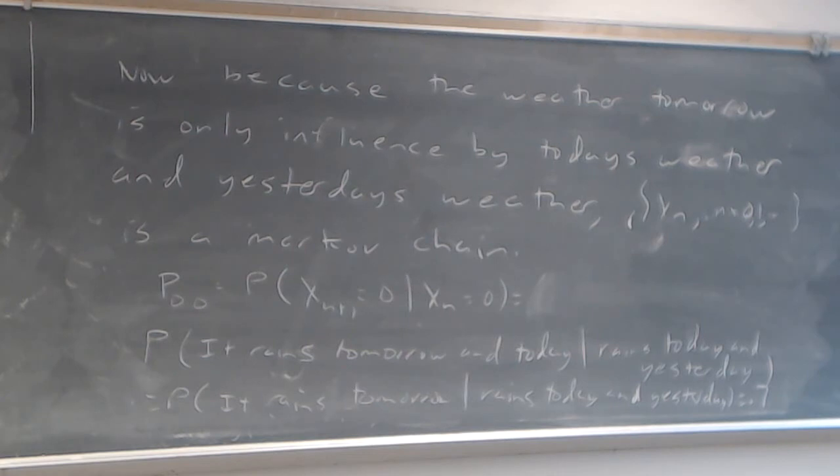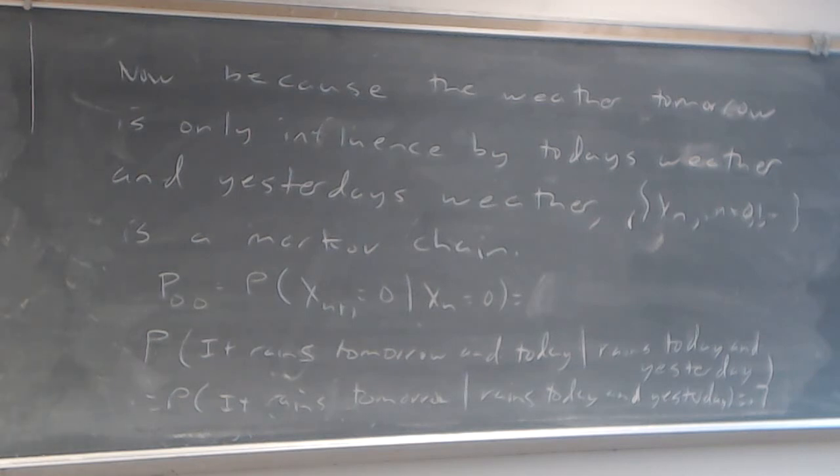And that is equal to the probability that it rains tomorrow, but not today, given that it rains today and yesterday. But that's equal to 0.